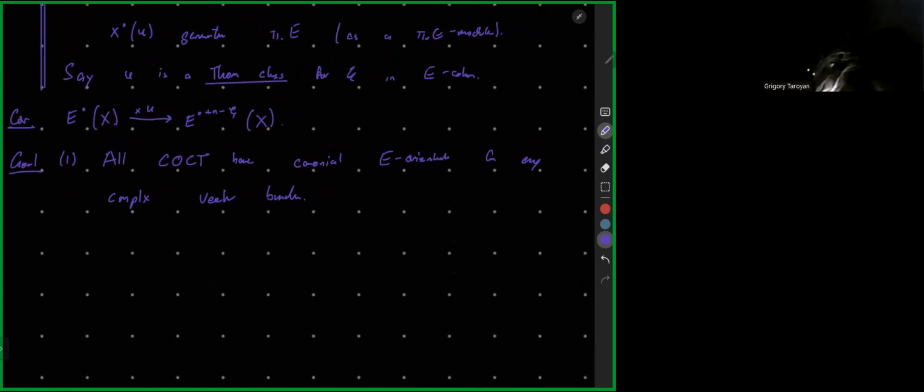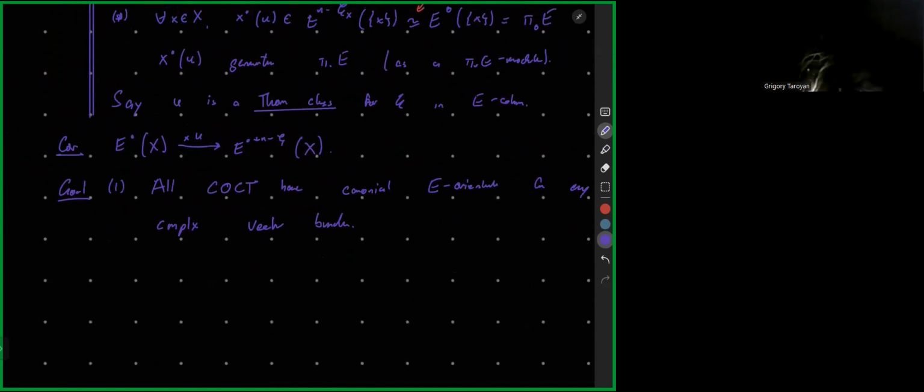And this canonicity will include lots of other things, like being functorial and having nice properties with respect to direct sums and pullbacks and whatnot.